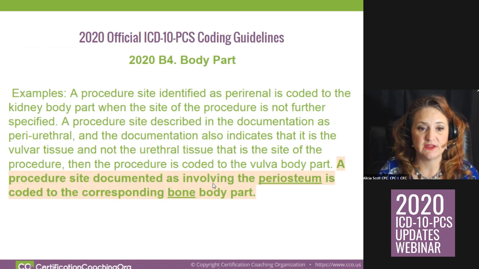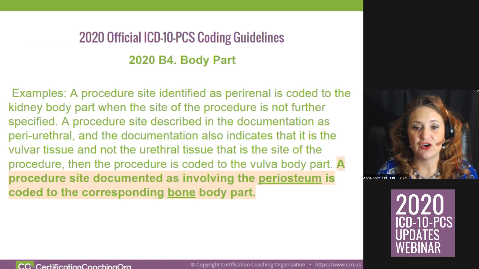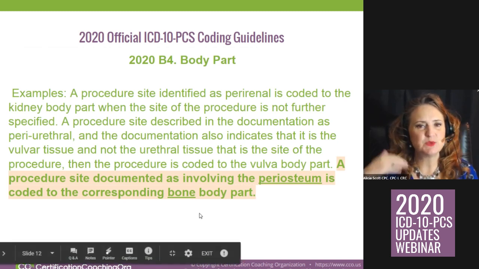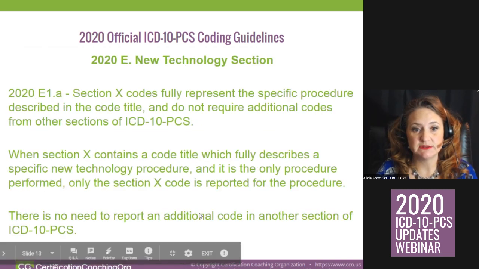Here's the example. I thought this was a really good one. A procedure site documented as involving the periosteum is coded to the corresponding bone body part, because it's the nearest body part. Simple. That's the way we think, and that is the way our providers document.